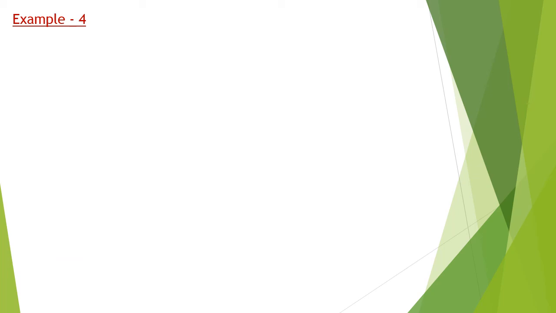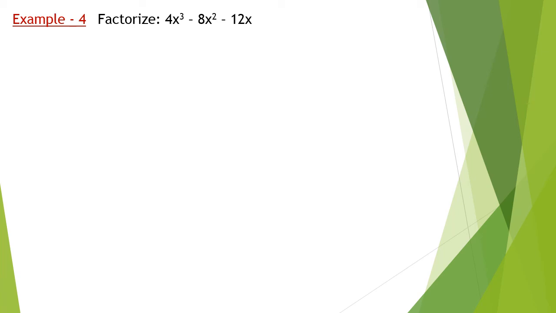Now let's quickly move to another example, example 4, and this example will be a little bit different from the previous example. You can see the power is 3. Now there is another contradiction, isn't it? What we have learned is that a is the coefficient of x square, but right here there is 3. So just think, a is the coefficient of the term having the highest power, or the first term.